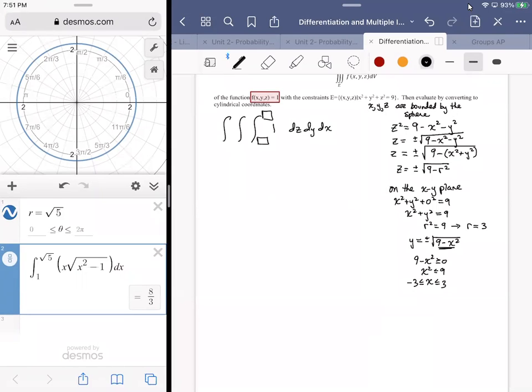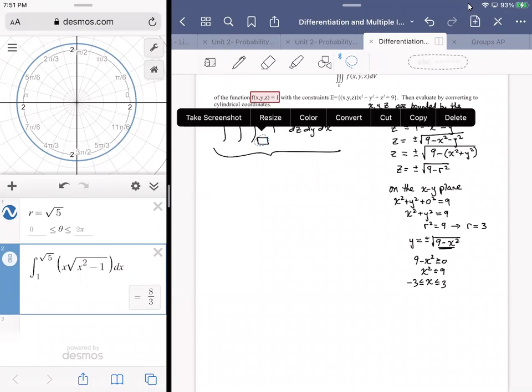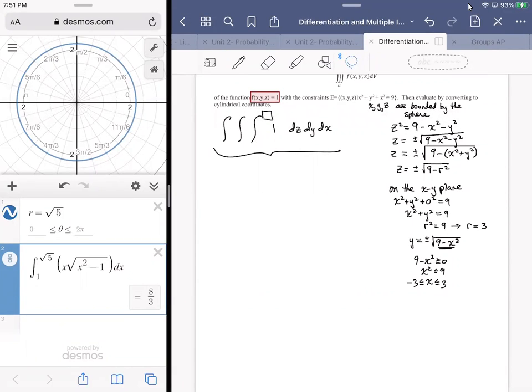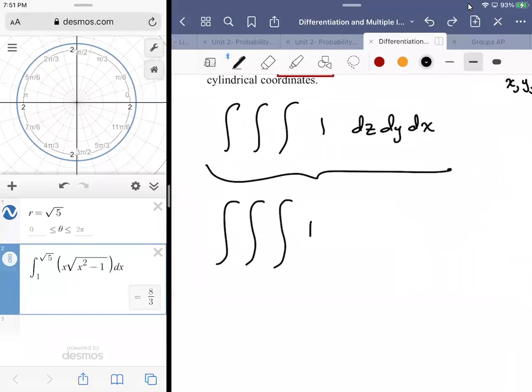We're just going to go from there. So I'm going to have a triple integral. It's going to look very much like what we have here. Get rid of those boxes. They get kind of confusing. The dy dx gets replaced with an r dr d theta.